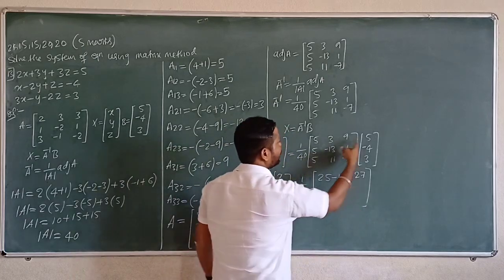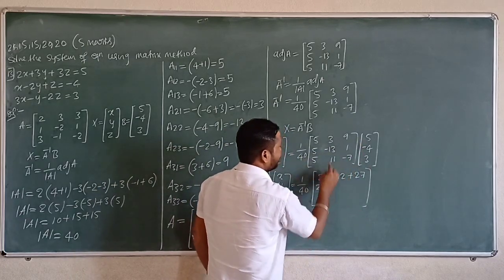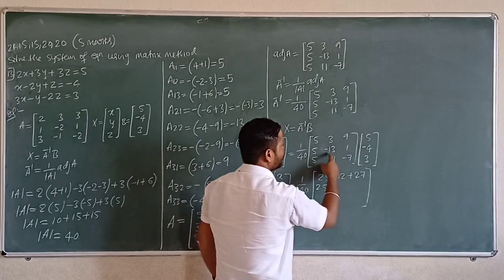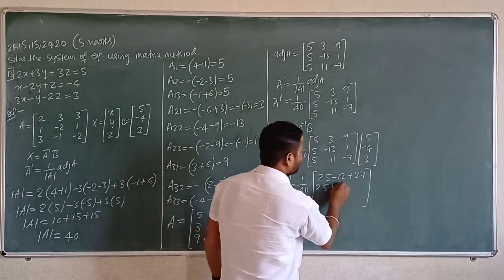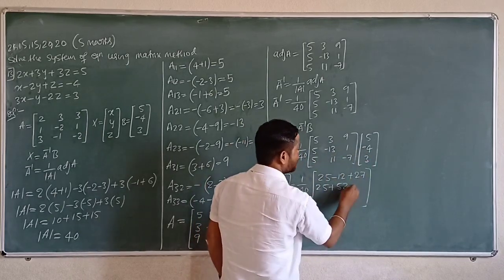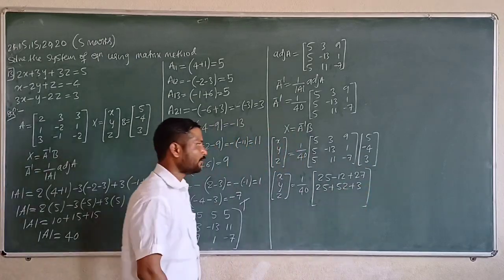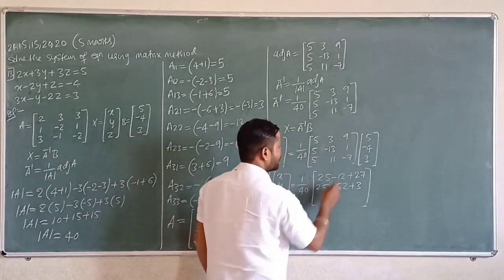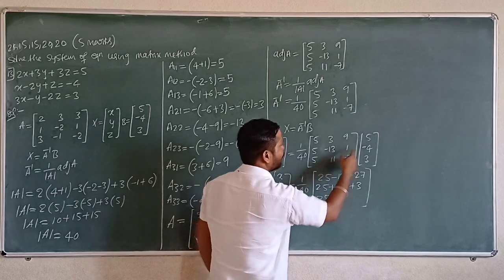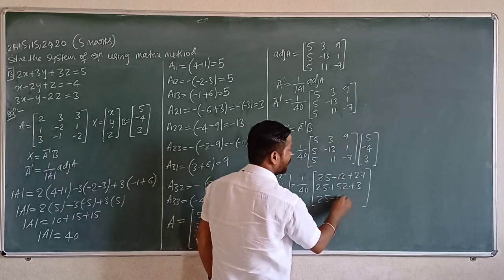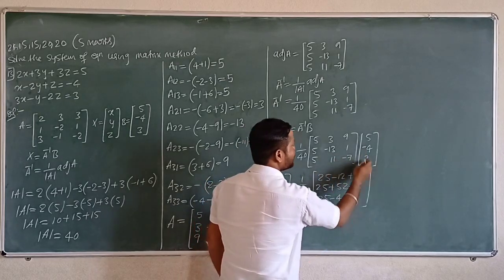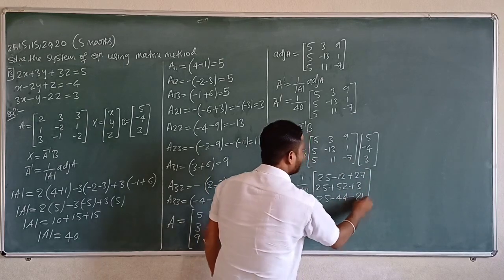Next, 5 5s are 25, minus into minus, plus 13 4s are 52, plus 3 1s are 3 now. Third row, first column: 5 5s are 25, 11 4s are 44, minus 44, minus into plus, minus 7 3s are 21.